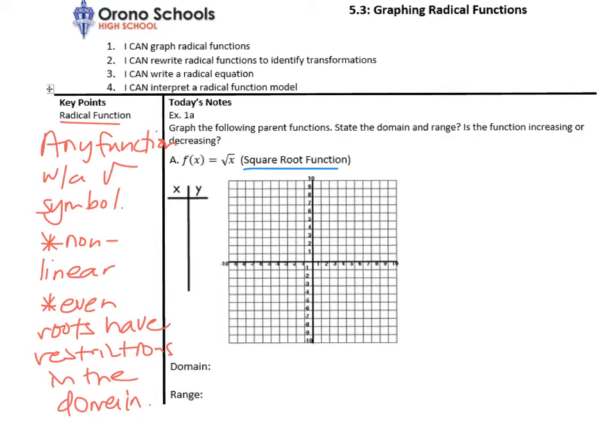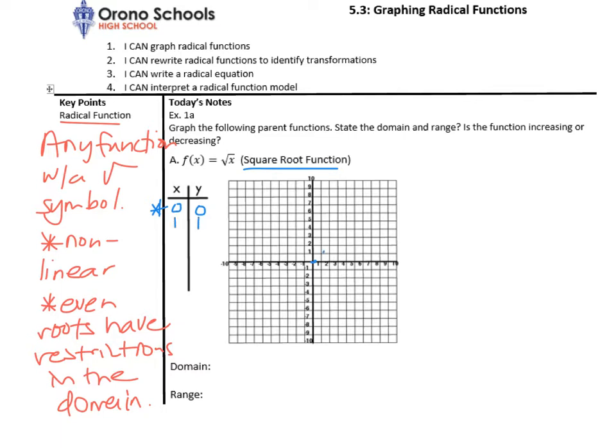Thinking about square roots that have actual values, the smallest square root that we can evaluate is plugging in x equals 0, because the square root of 0 is in fact 0. Anything less than 0 would not be a real solution. But if we plug in positive 1, the square root of 1 is 1.